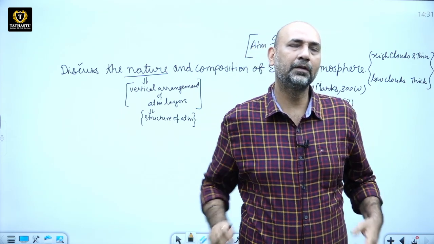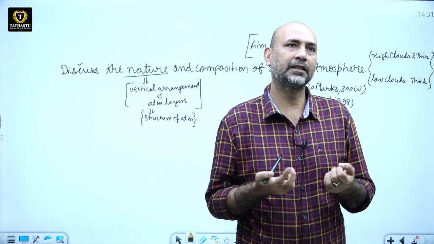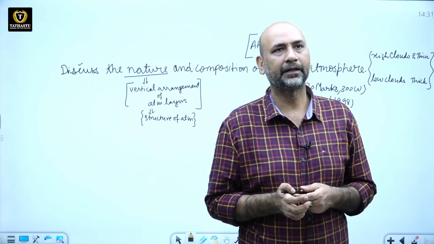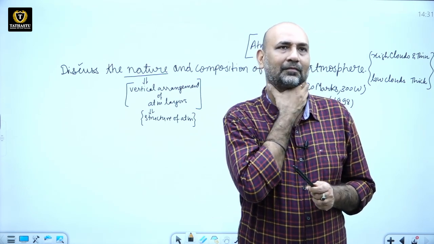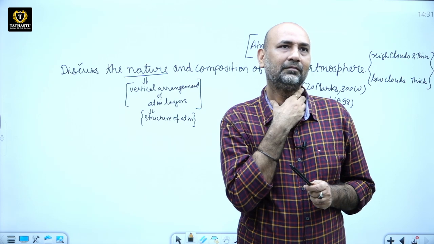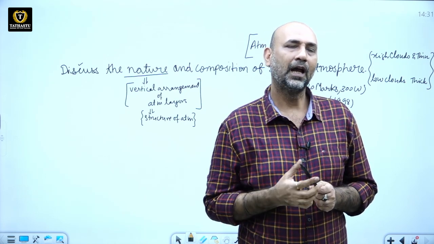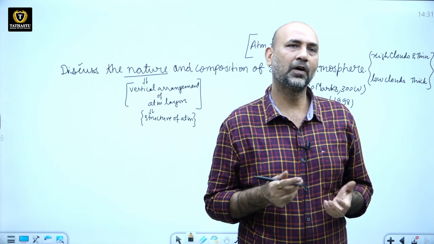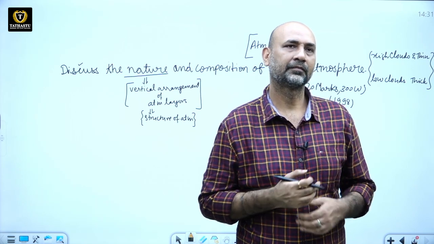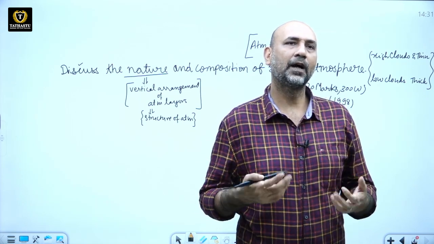And once cumulonimbus clouds are covering a surface, there is complete darkness even in the midday. More is the amount of the ice crystal, more is going to be albedo, reflectivity. Snow has maximum reflectivity and fresh snow has the maximum.